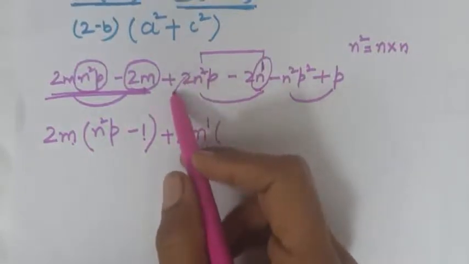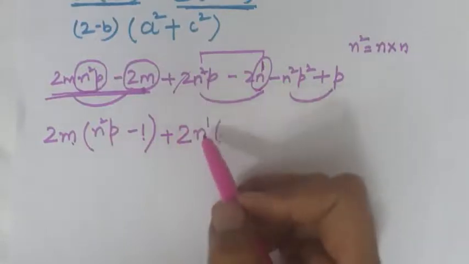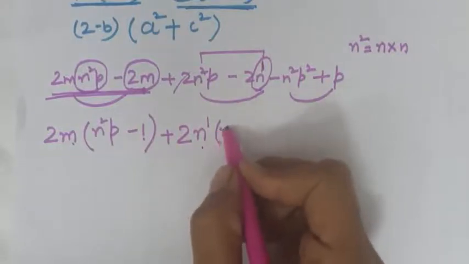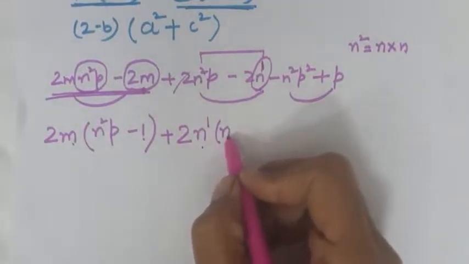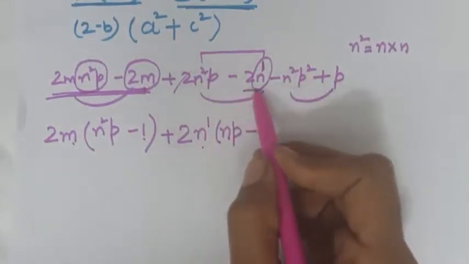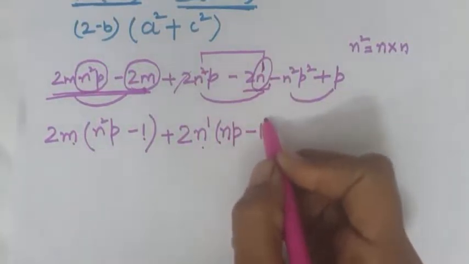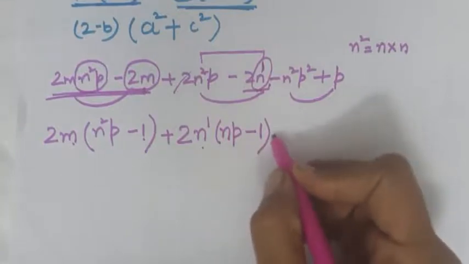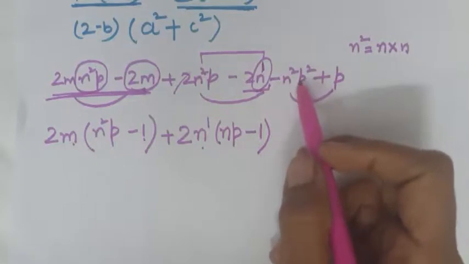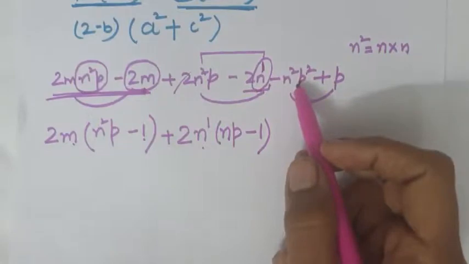So what is left? This is common. Leave it. Here there are 2n and 1n, I have taken common, so 1n is left behind. And then p minus this whole I have taken common. So what is left here? Yes, 1. Now, there is 2p, that is p raised to power 2, means p is coming here 2 times.